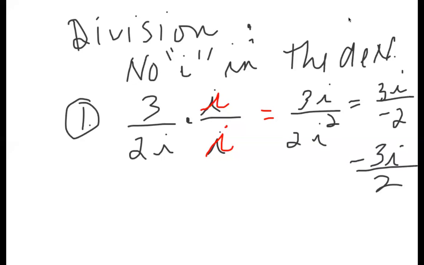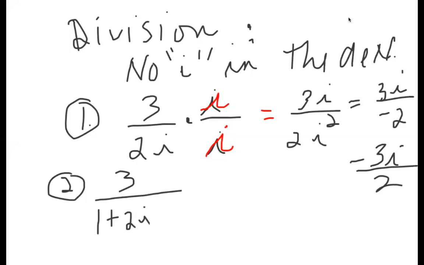And then the second type that you will encounter with the imaginary unit in the denominator is where you have a binomial containing an imaginary unit in the denominator. So if you have a binomial containing an imaginary unit in the denominator, this is how you're going to deal with it. You're going to find the conjugate of the denominator.